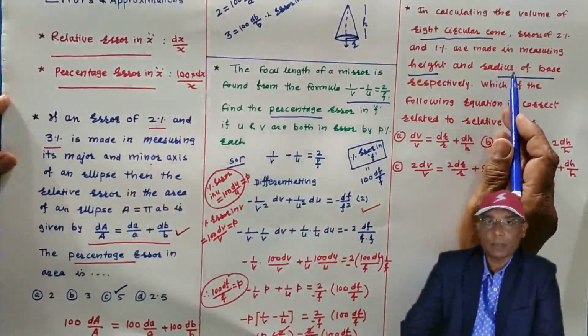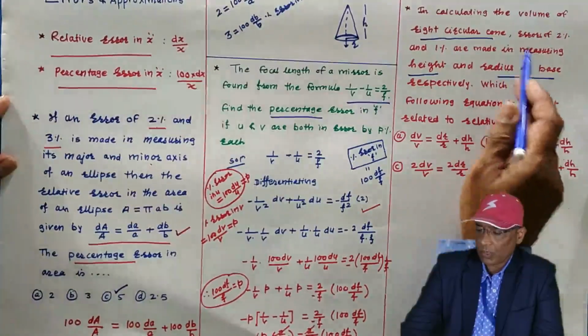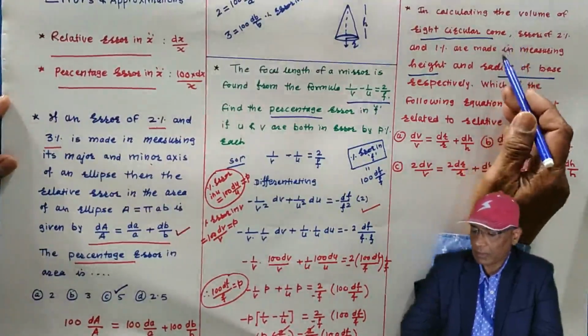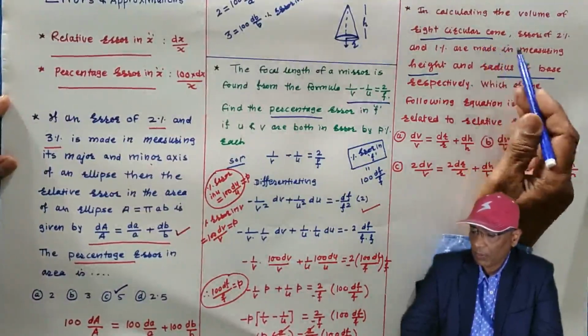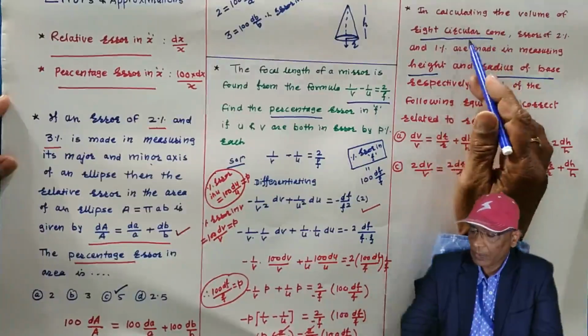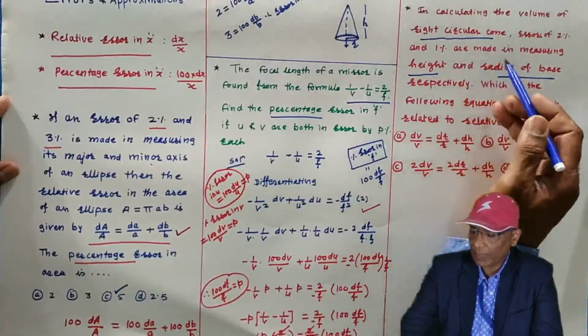And the errors are measured. What is the question? In calculating the volume of a right circular cone, errors of 2% and 1% are made.